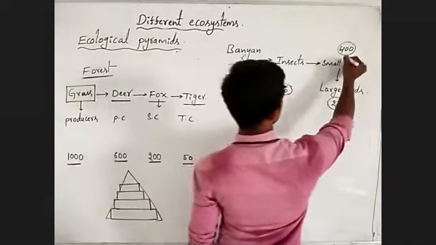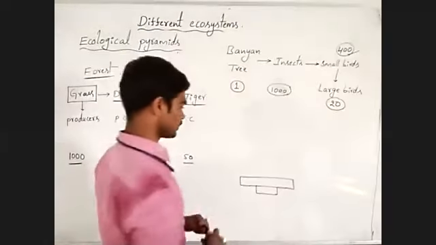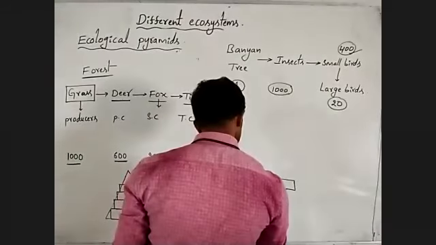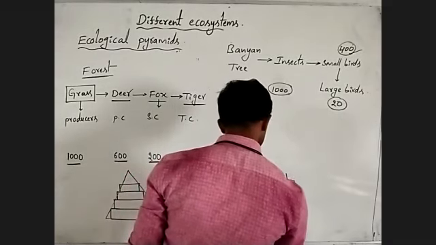Next, here 400, which is smaller than the primary consumer, so you have to draw like this.